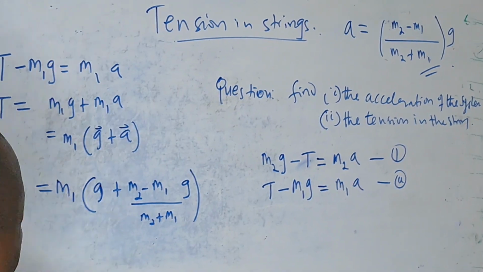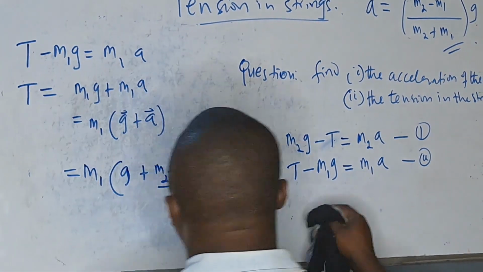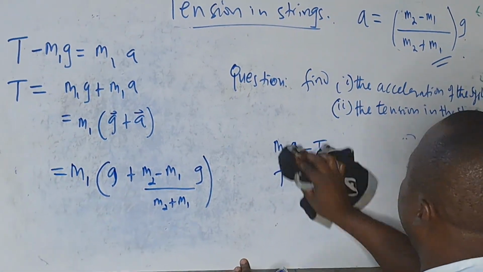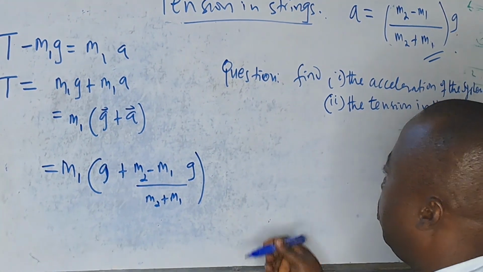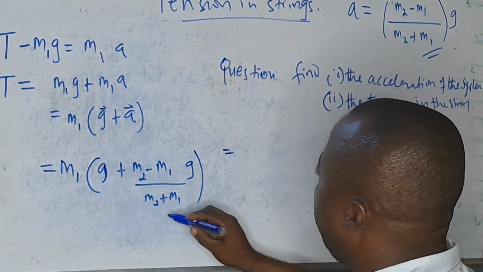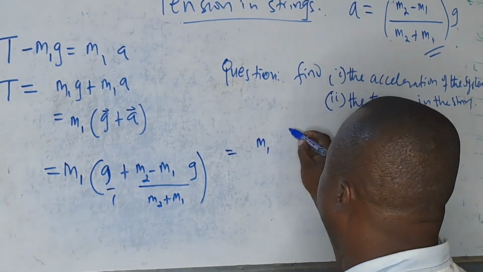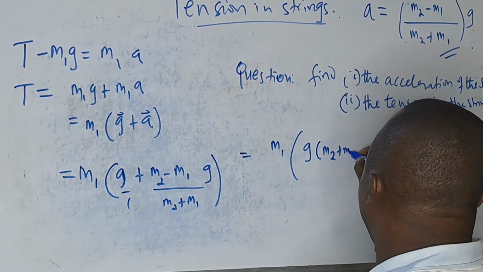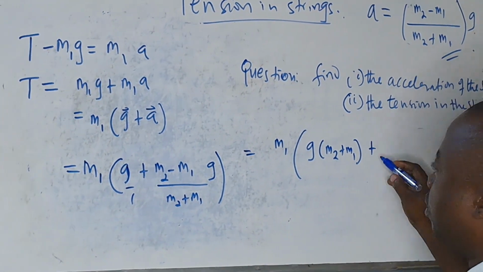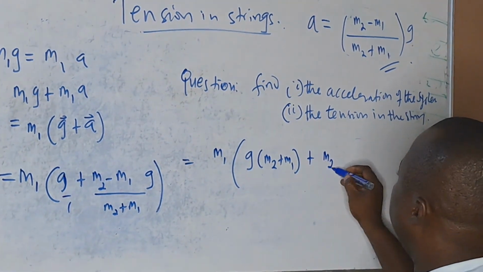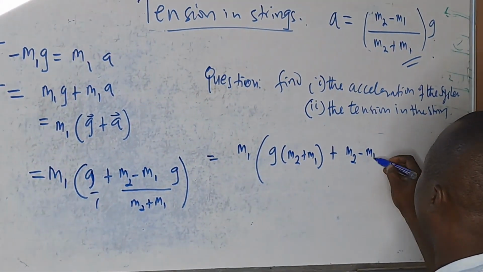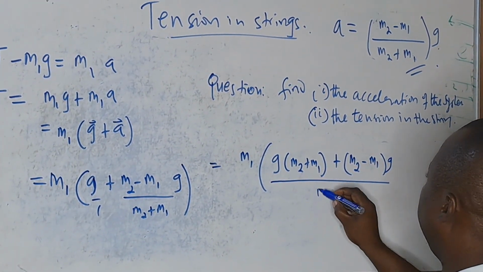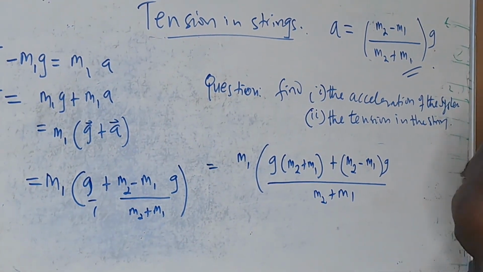So it's just a question of algebra. We have M1 into G into M2 plus M1, plus M2 minus M1 into G, all over M2 plus M1.